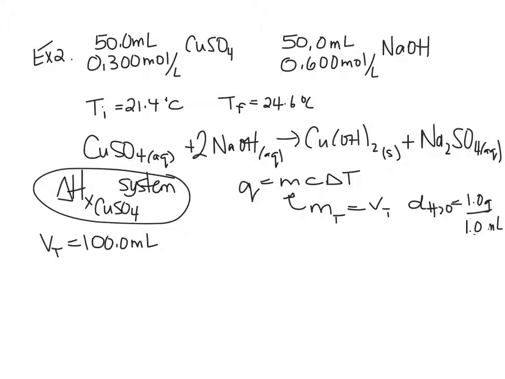So because the density of water is 1 gram per 1 milliliter, our total mass is 100 grams. And we can do that because of that statement right there. So temperature final minus temperature initial is our delta T.